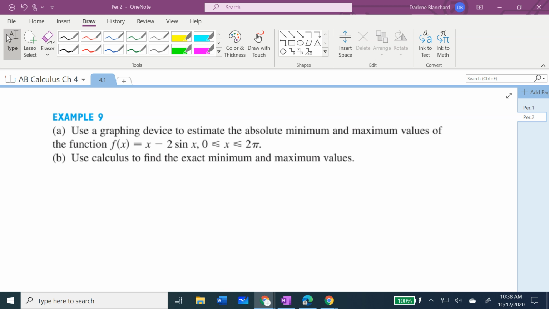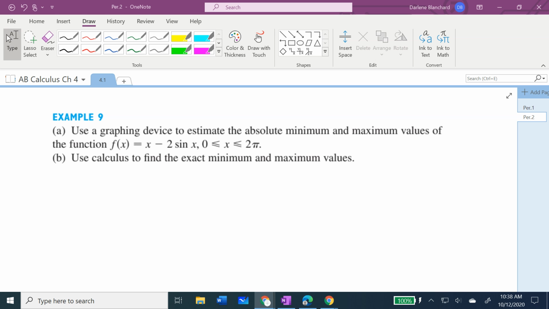And then it says guess, and you push enter again. And then it tells you that exact minimum, X and Y coordinate.